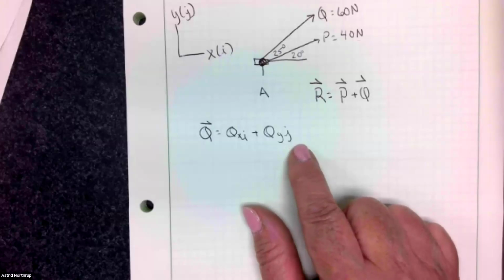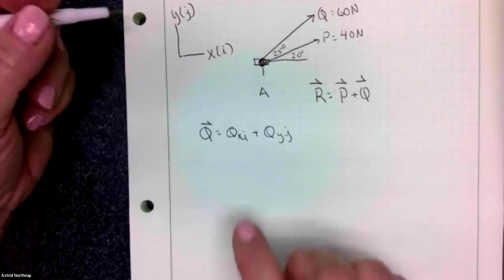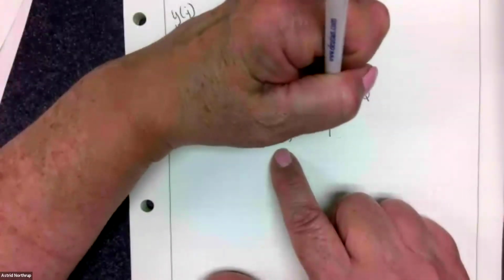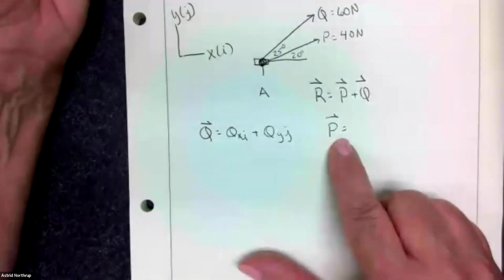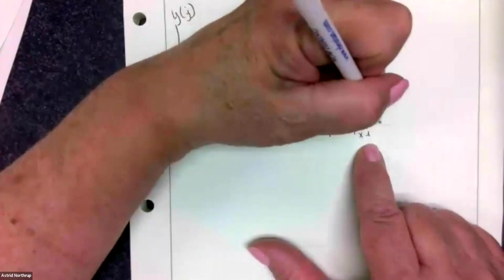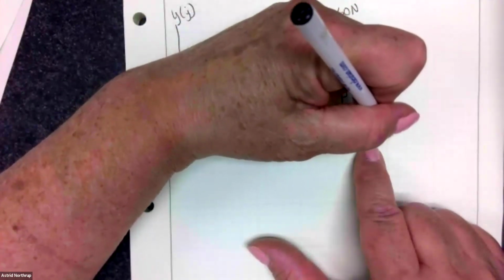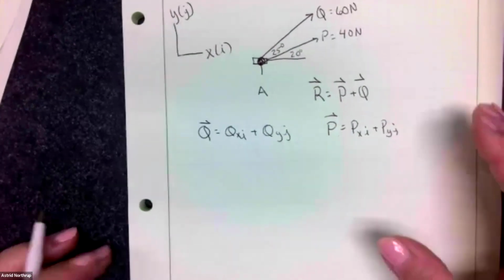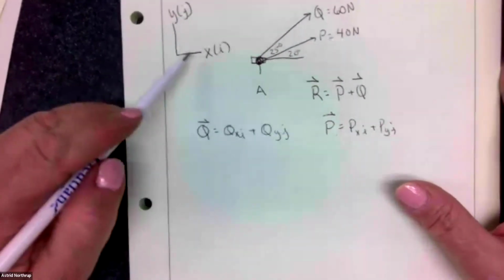It's unusual that you would use other notations for that, so just so you know. All right, then we could break up P into its components, which we would just call P sub X in the I direction and P sub Y in the J direction. Now, how do we do that?